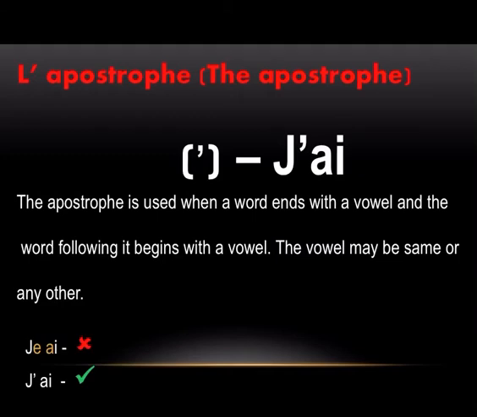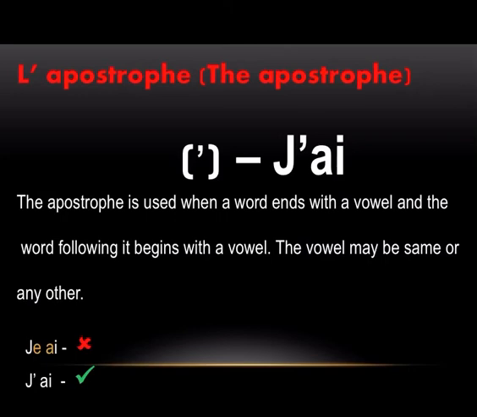In the given example, you can see je ai. If you look into this, you will see that the first word je is ending with a vowel and the other word ai is starting with a vowel. So if you write it in this way without dropping a vowel, it would go wrong.